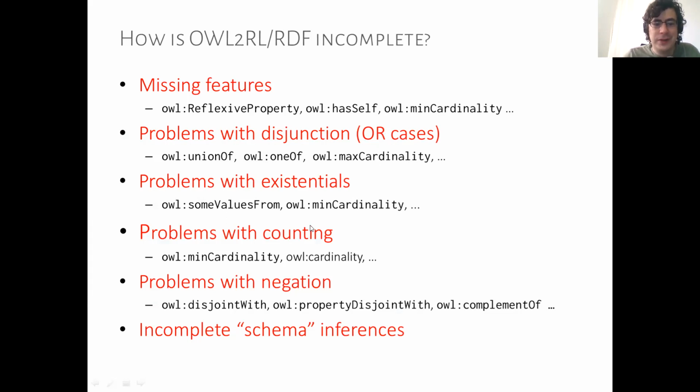If we go beyond 1 in particular or 0, if we say that something is 2 or 3 or 4, then we have no support for that. Problems with negation. This is things that are not true. We have problems with that. And incomplete schema inferences, like we saw, for example, if P is the inverse of P, then P is a symmetric property. So we have some inferences to capture some entailments, but we miss an infinite amount of these sorts of inferences.